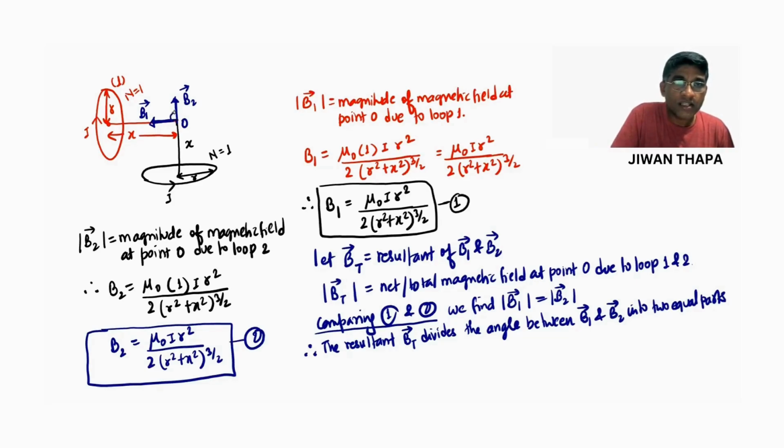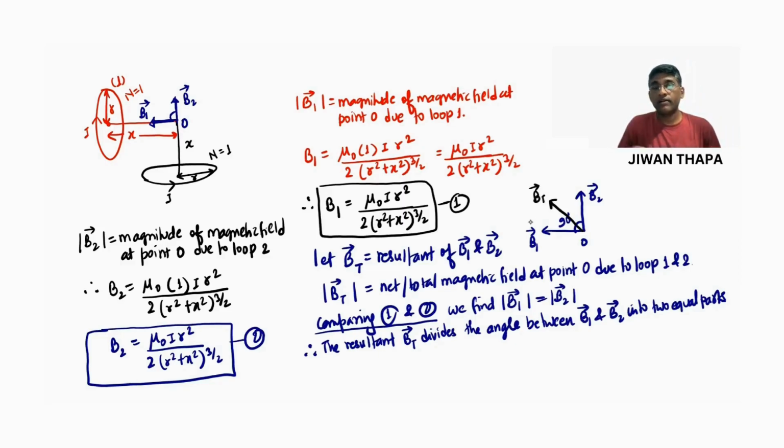We can see this whole angle, so I'm drawing over here. This is B1, this is O. This angle is 90, this is B2. So what we find is the resultant magnetic field divides the angle into equal parts. Let me redraw.